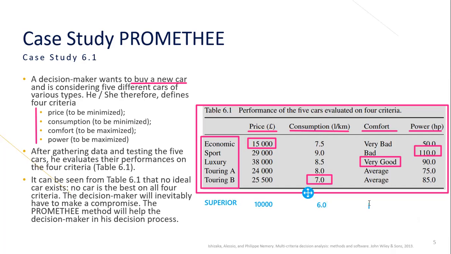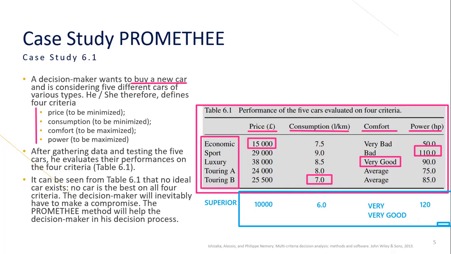And then this is very, very good. I don't know what very, very good means, but basically better than good. Horsepower is so high, let's say 120. This means that this alternative is superior.